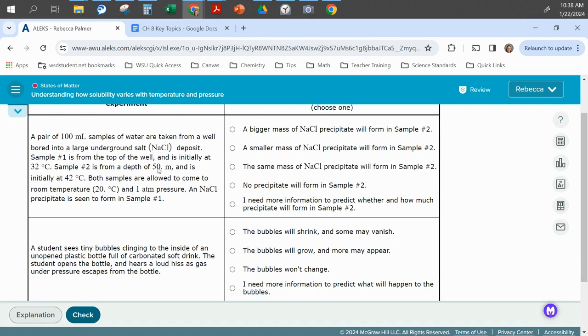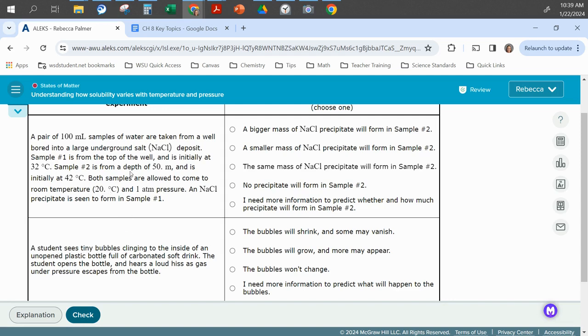Sample 1 is from the top of the well and is initially at 32 degrees Celsius. So that's kind of cold. Sample 2 is from a depth of 50 meters and is initially at 42. So this one, sample 2, is warm. Both samples are allowed to come to room temperature. So both samples are going down.